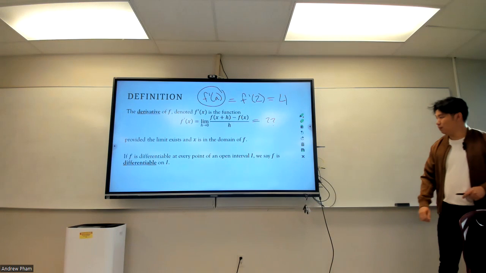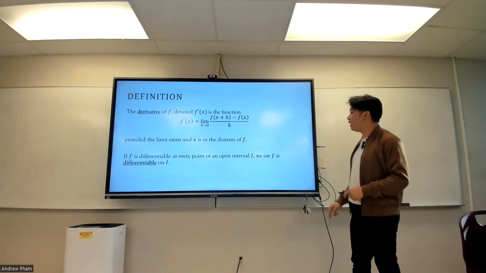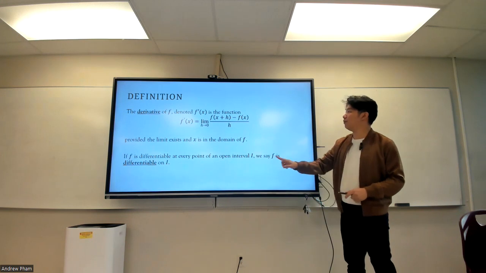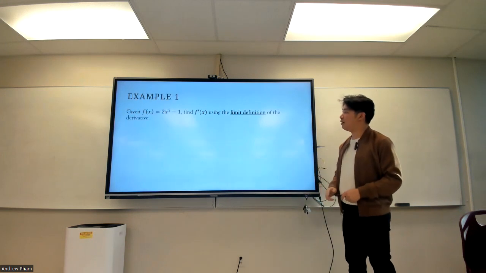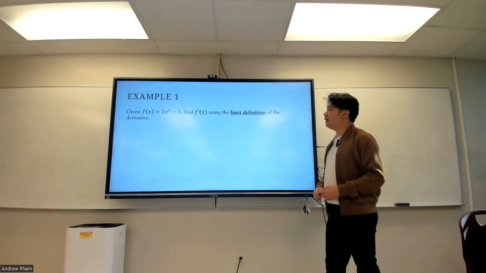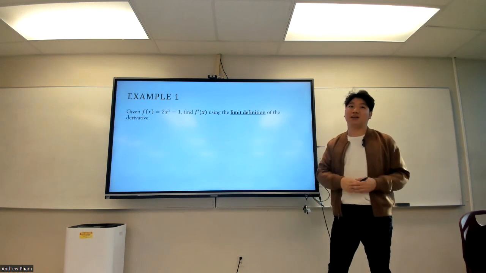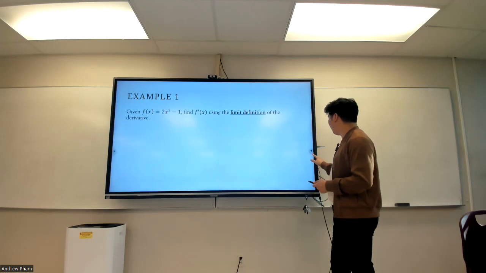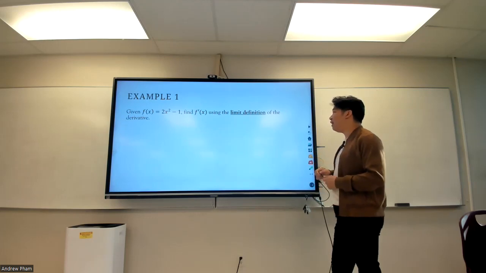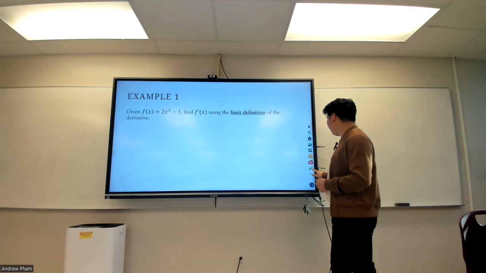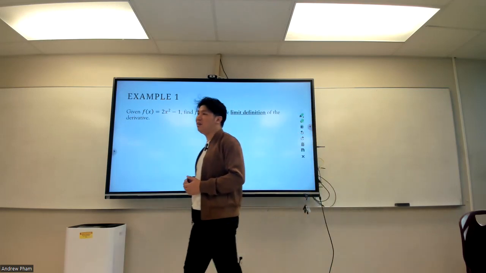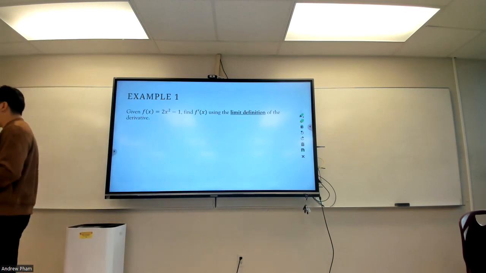All right, so let's go ahead, and I believe if I timed this correctly, this should be example 1. There we go. Example 1. Let's say I've got this function here, 2x squared minus 1. Find the derivative f prime of x using that limit definition of the derivative that we just worked with.